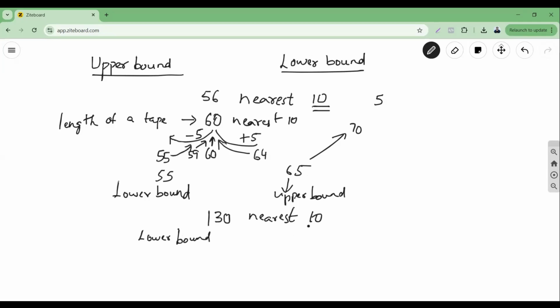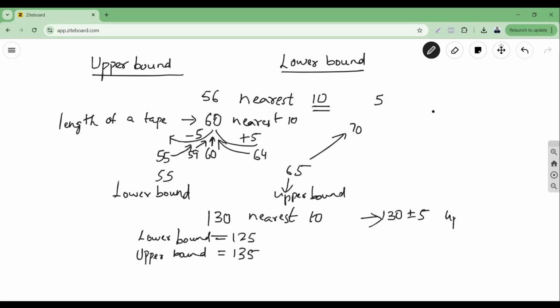Half of 10 is 5. So the lower bound will be 125. The upper bound will be 130 plus 5. So when I say nearest 10, it is nothing but 130 plus 5 or minus 5. This will give me the bounds.